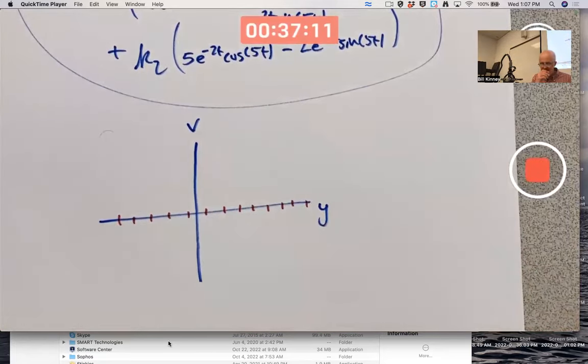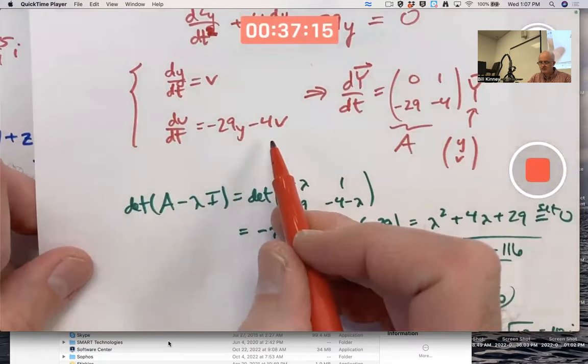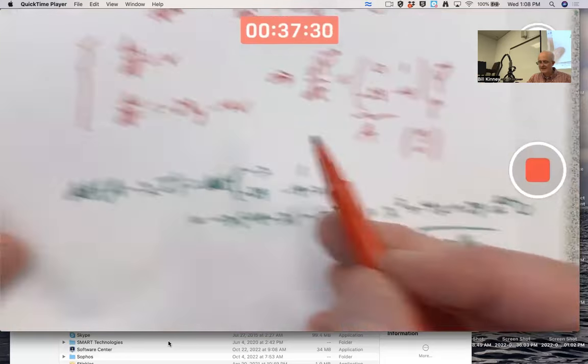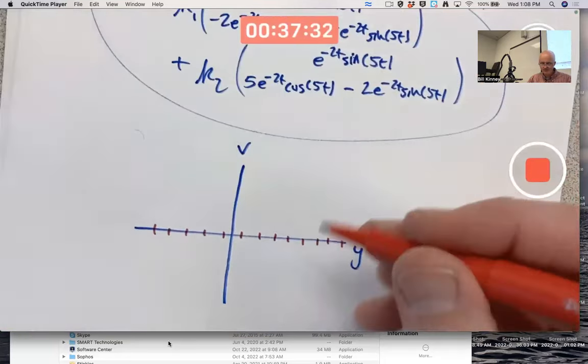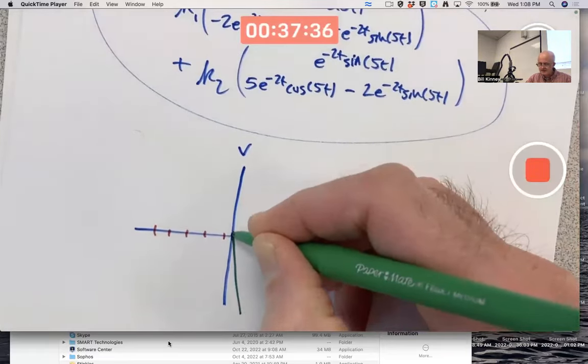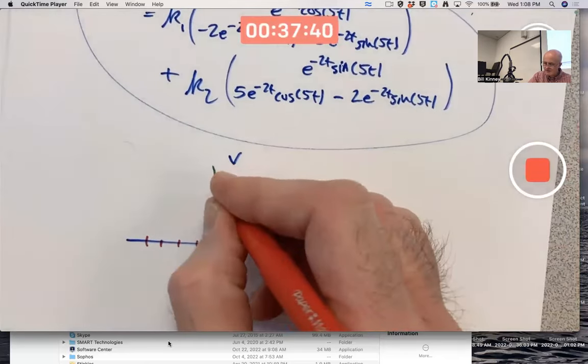And the v nullcline is where that's 0, which if you solve this being 0 for v as a function of y is a line through the origin with a slope of negative 29/4, negative 7.25, kind of steep. The v nullcline looks about like this. Got to cross that horizontally.